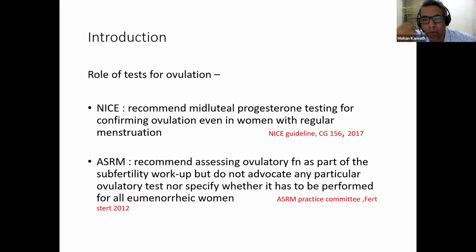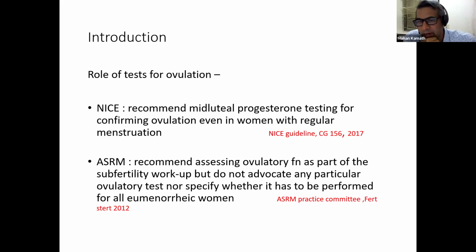Women with regular cycles, the dilemma, because it came to our mind because we still saw a lot of colleagues of ours performing follicular tracking and documenting follicle rupture, and trying to basically say that ovulation is happening, even in regularly menstruating women.